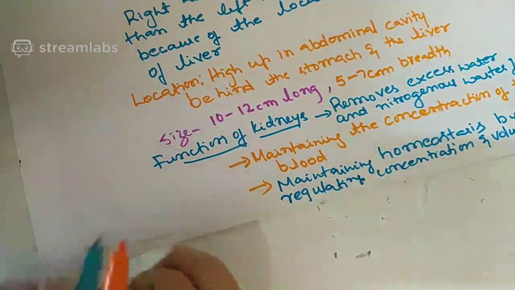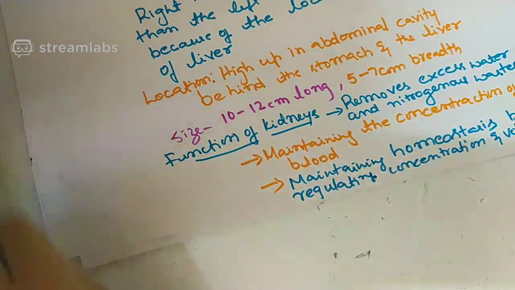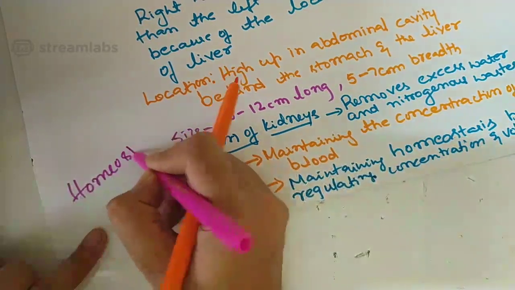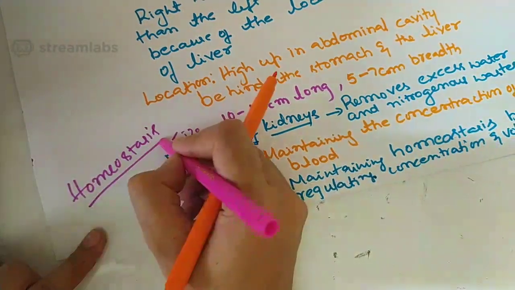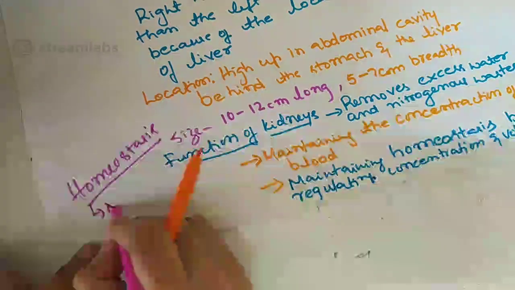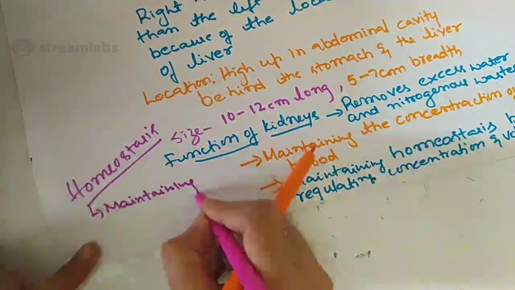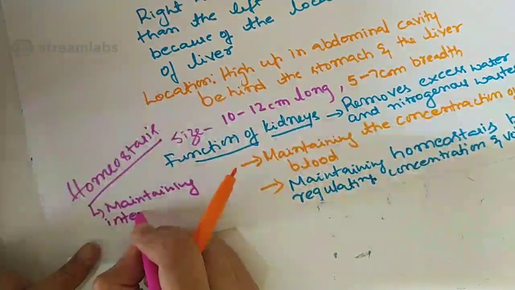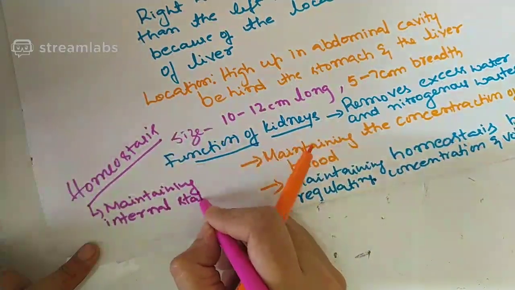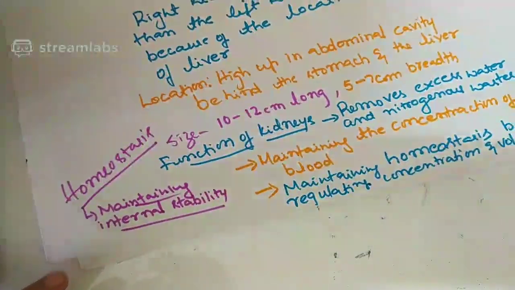Now, what is this homeostasis? Homeostasis is nothing but maintaining internal stability. Internal stability is maintained.